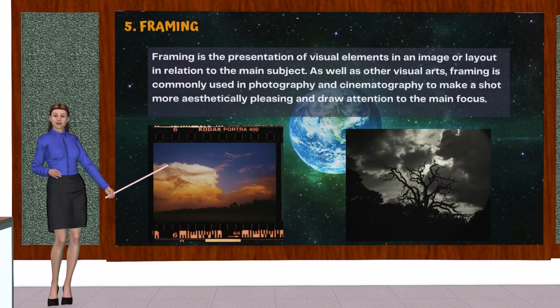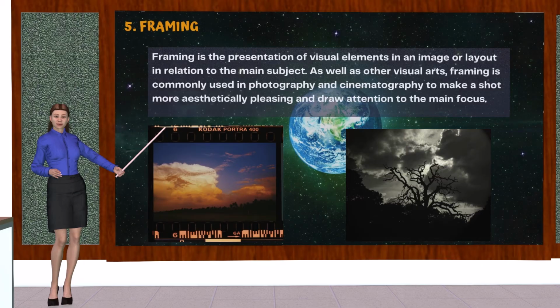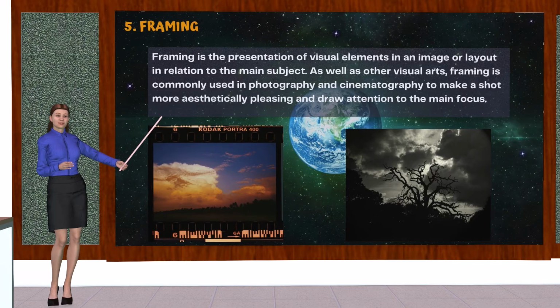When we say framing, it is the presentation of visual element in an image or layout in relation to the main subject. As well as other visual arts, framing is commonly used in photography and cinematography to make a shot more aesthetically pleasing, and draw attention to the main focus.